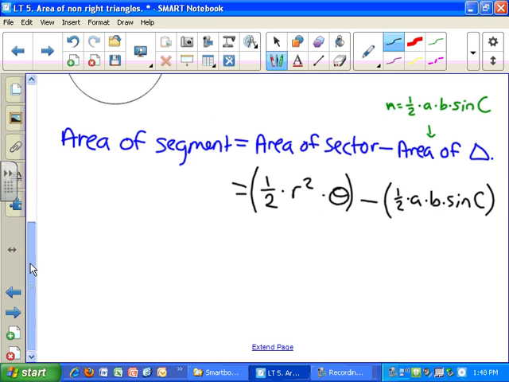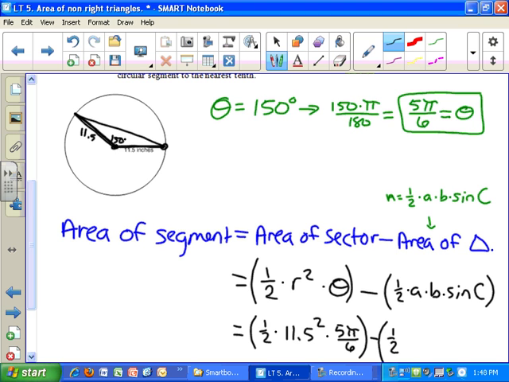Now we just get to start plugging things in where they belong. We will take 1/2 times the radius squared, which would be 11.5 squared, times theta, which we determined was 5 pi over 6. And we are going to subtract 1/2 AB. Those are our two sides, so it's going to be 11.5 times 11.5.